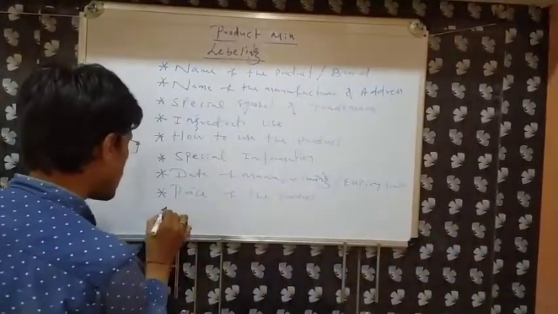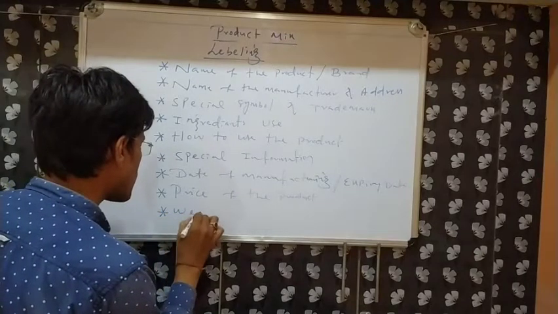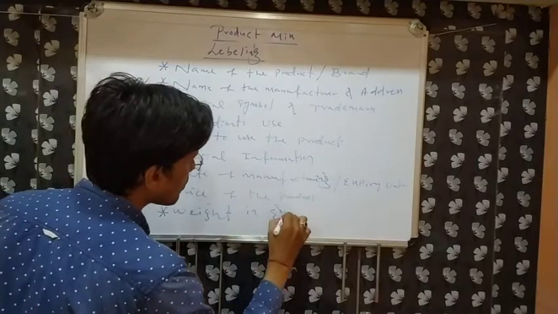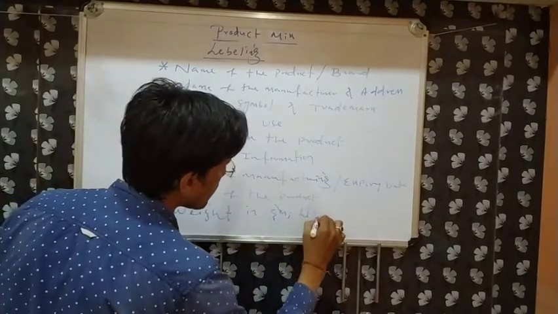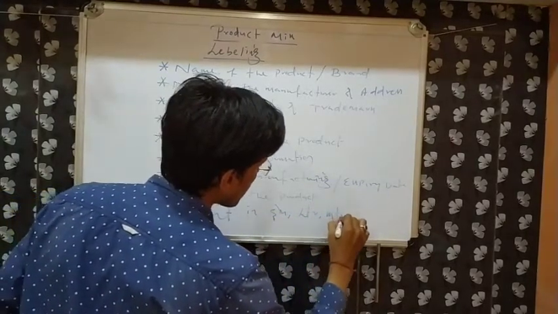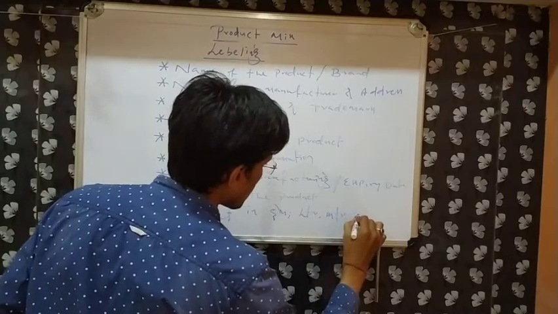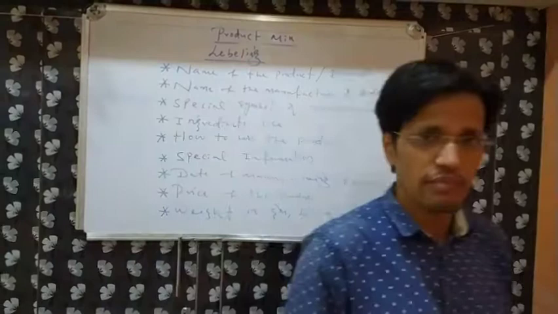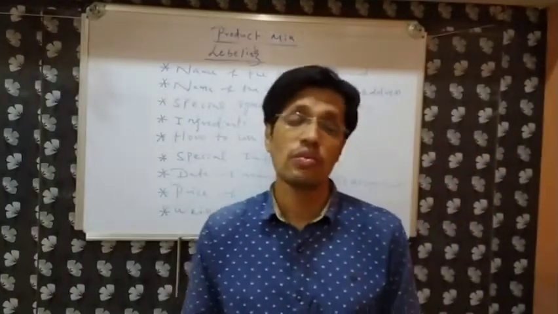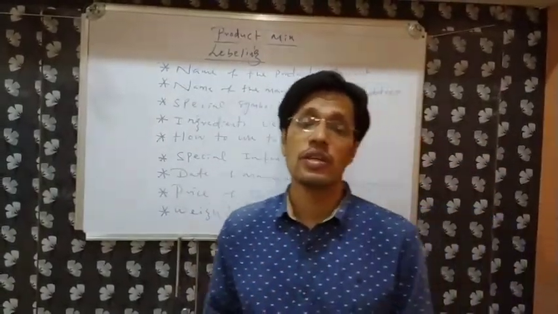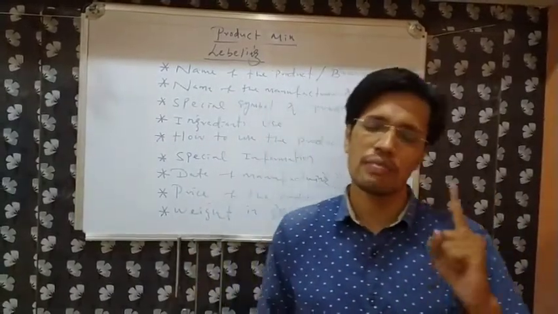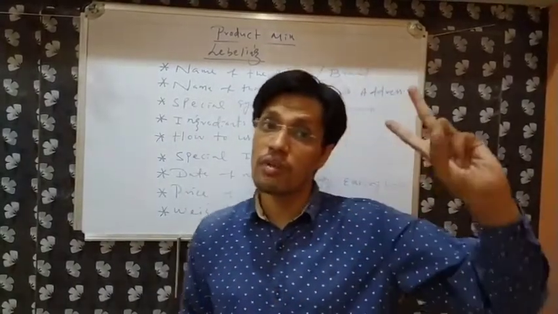Next, it is weight of the product: weight in gram, liter, meter, etc. Weight of the product is again a very major issue. Whatever product we are offering, we must offer the right price, right quality and right quantity.